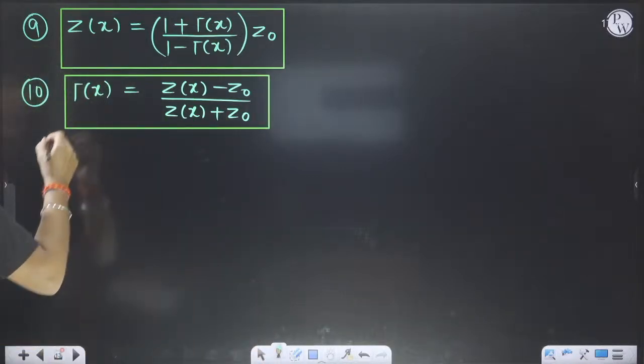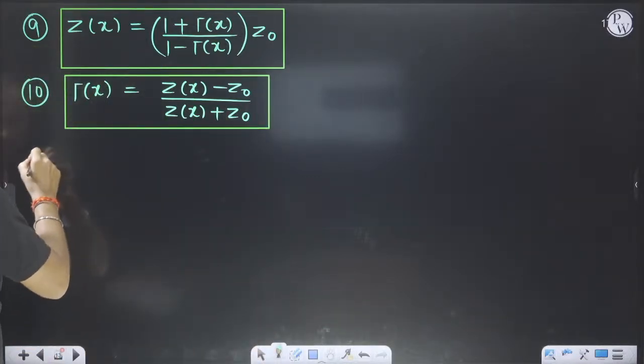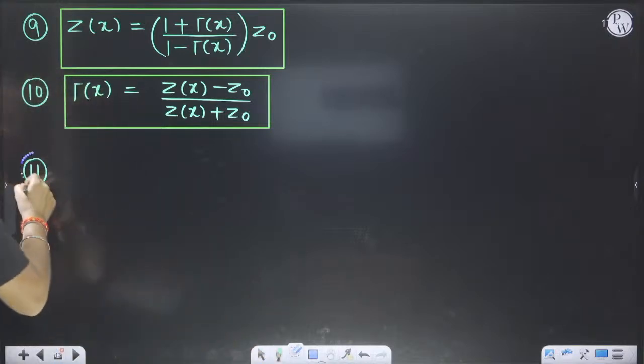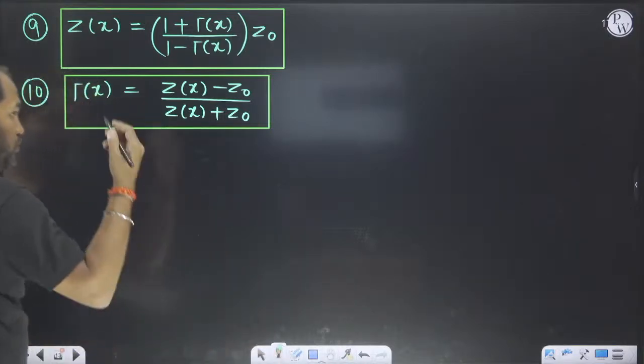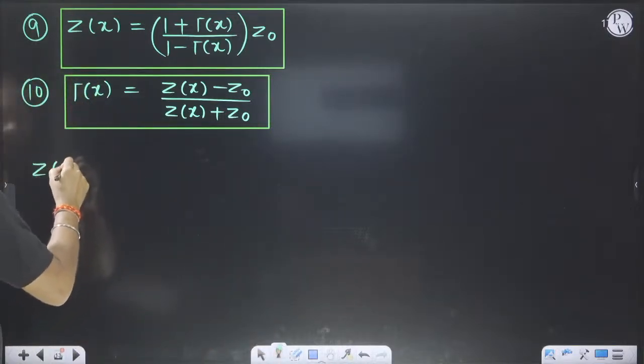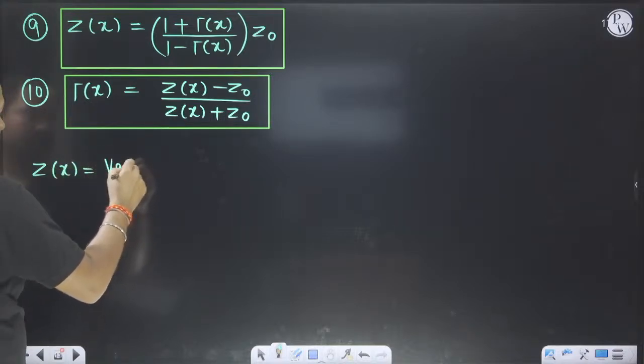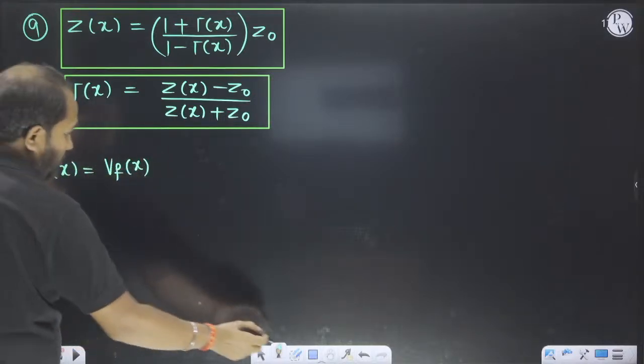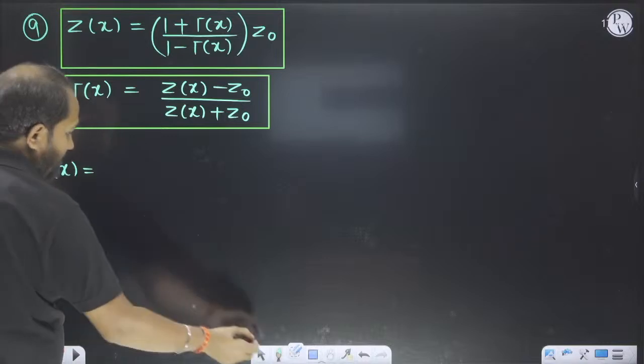The second thing is the 11th point. How will you derive this equation? From the basics, Zx is equal to Vx upon Ix.